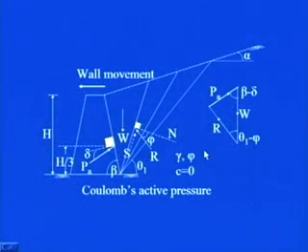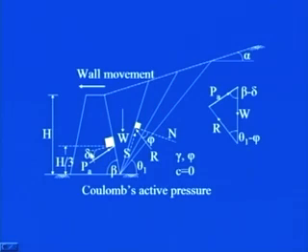So, this wall is moving away from the soil, which indicates the active condition. Now, the backfill is inclined at an angle of alpha with horizontal. Let us say I consider this wedge to be the trial wedge, and the back face of the wall is inclined at an angle of beta from the horizontal, as shown in this figure.